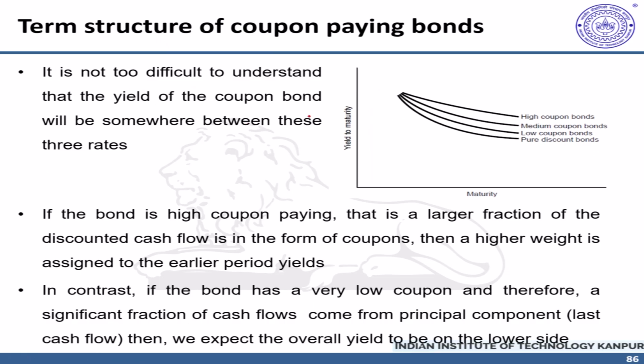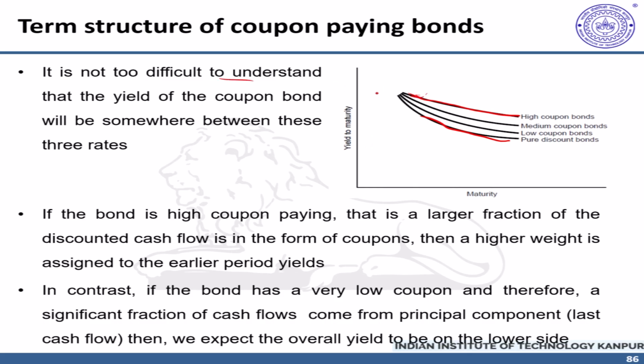Now, let us try to derive the term structure of coupon paying bonds using the information that we have about pure discount bonds. Let's start with a high coupon paying bond, which is another extreme end from a pure discount bond, where there are no coupons. For high coupon bonds, a larger fraction of cash flows comes earlier in time.